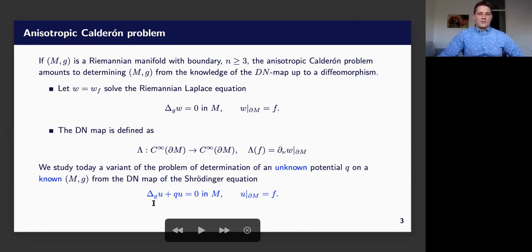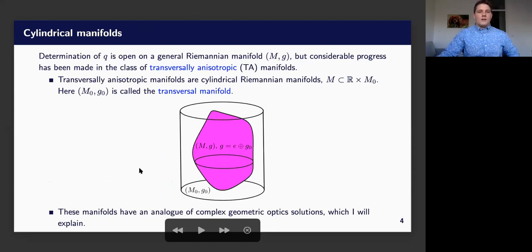The Schrödinger equation is here in blue, and the DN map for this equation is defined by the same assignment as above. And we aim to recover q from the DN map.